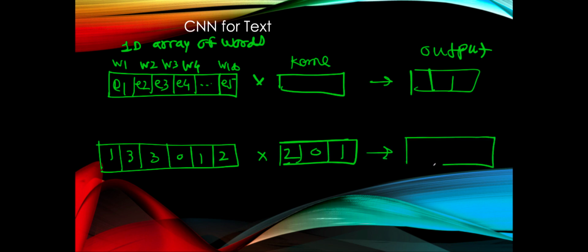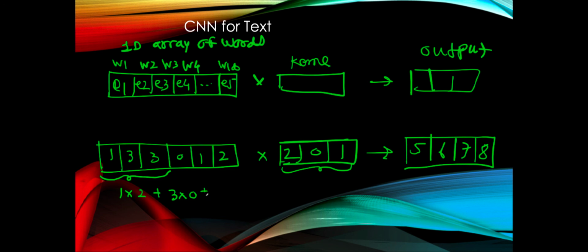Then the output will be 5 6 7, and let's explain how. This is a 3 by 3 kernel. So first we select these 3 embeddings, then we select this kernel and do element-wise multiplication. So 1 into 2 plus 3 into 0 plus 3 into 1, that gives me 5, right?